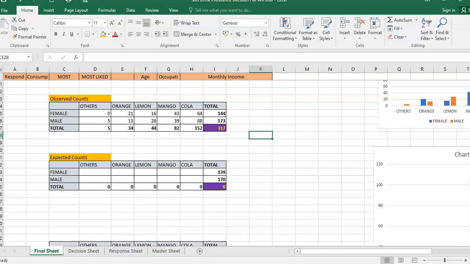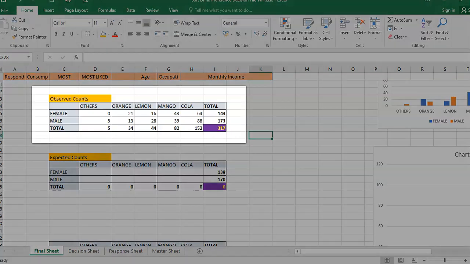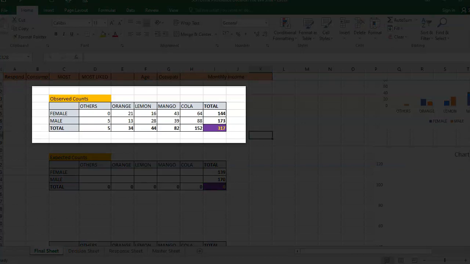This table that we are talking about in observed counts is known as a contingency table. And these are known as cells. This contingency table has got 2 by 5 cells, that is, we have got 10 cells.